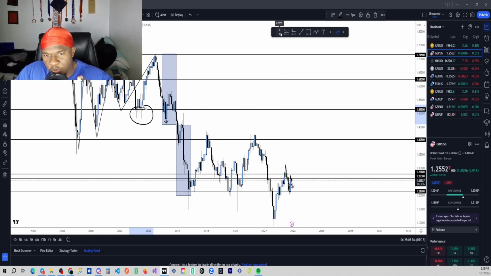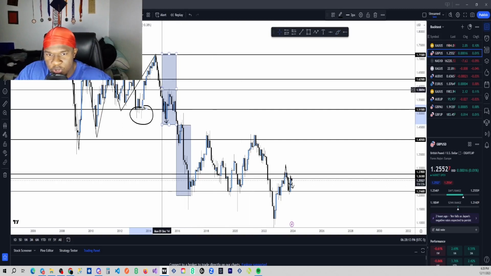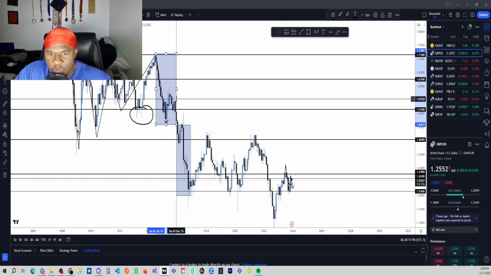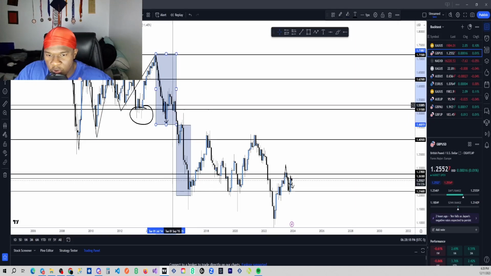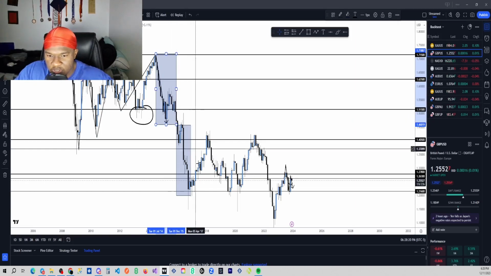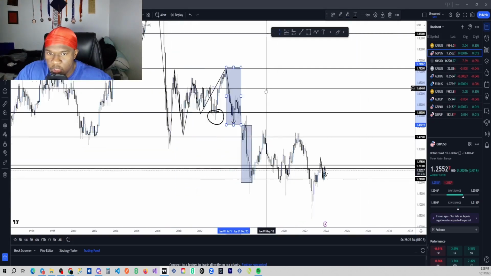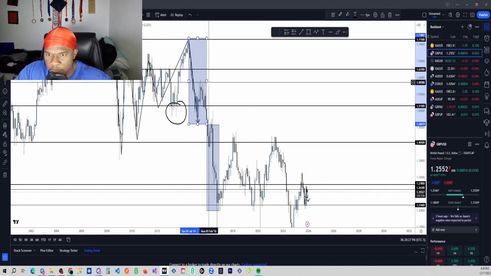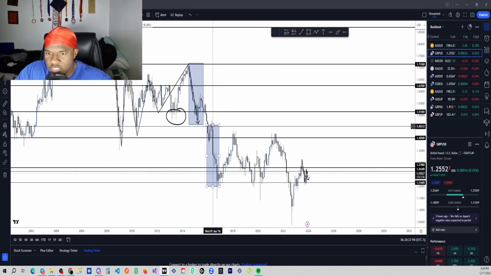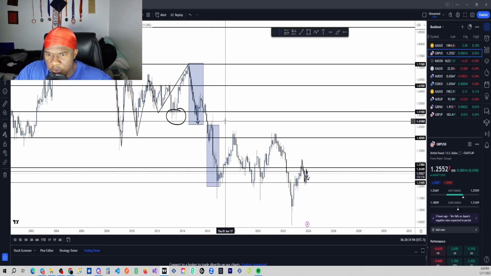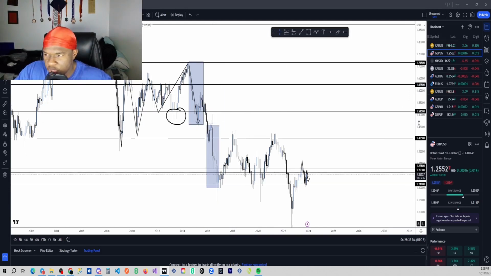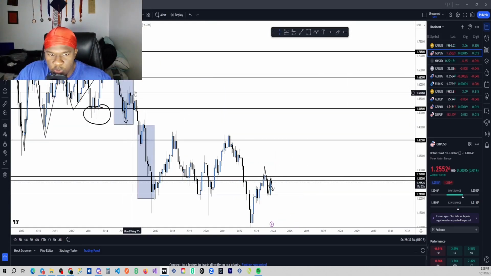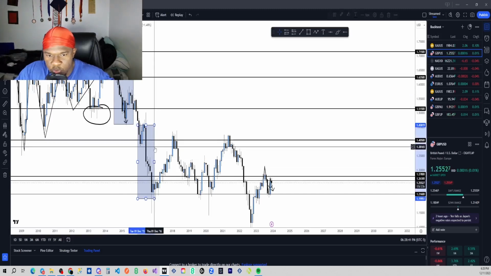Now, it all depends from this point where your entry point is, because yeah, you might be able to catch 100 pips, but in order to catch most of the move, you have to get a nice entry, which I'm not going to talk about in this video, but I just want to show you guys how you can use technical analysis to your advantage and use these different techniques to be able to capitalize more on price movements. So we broke this low, boom, and then another 300 pip move.